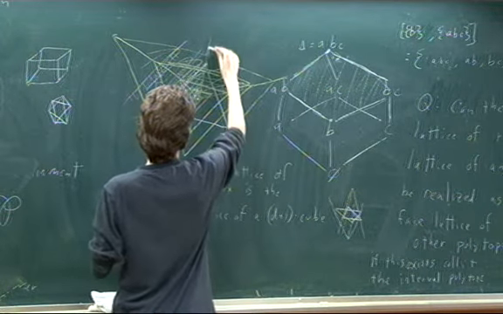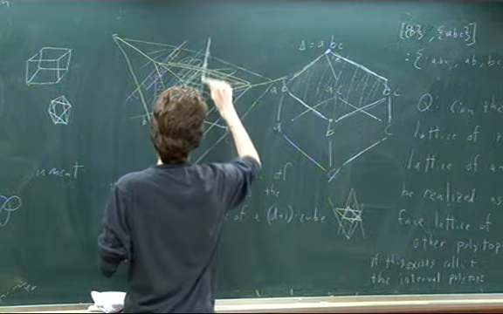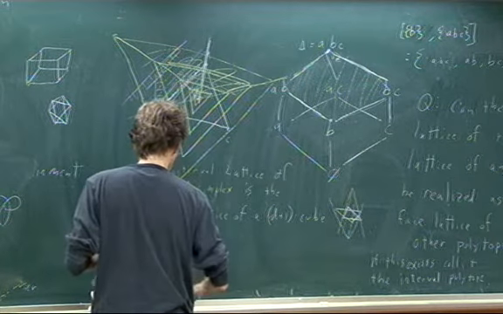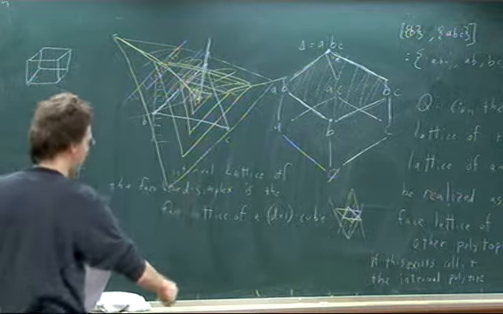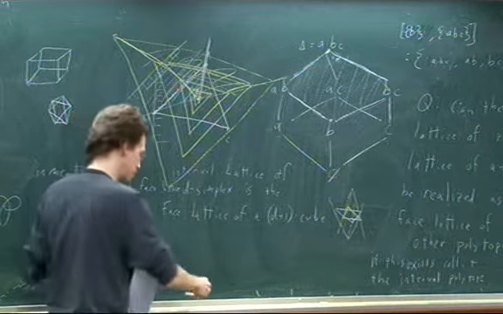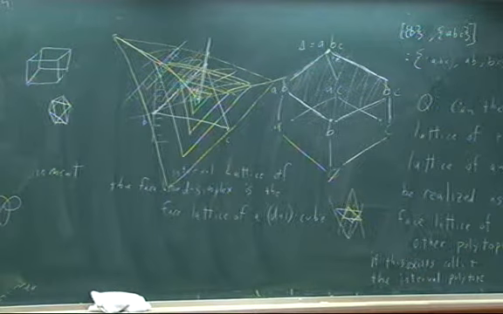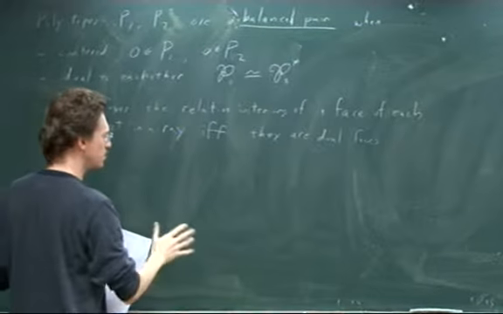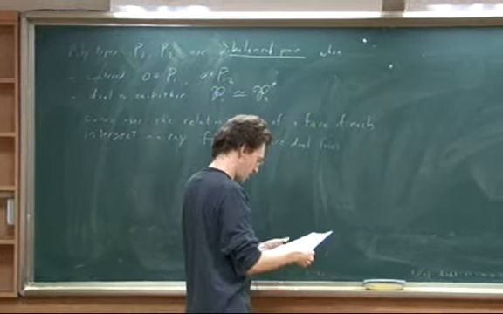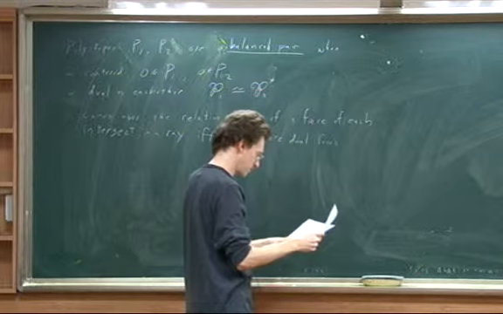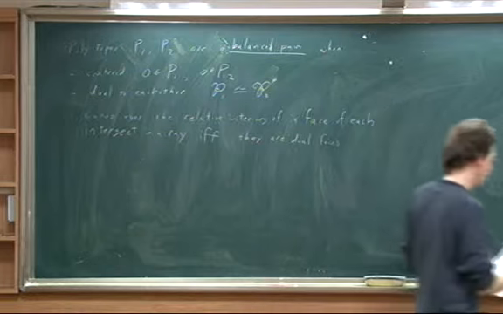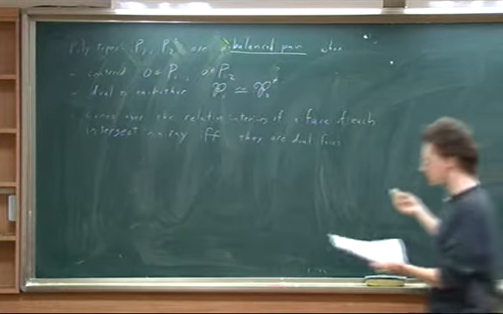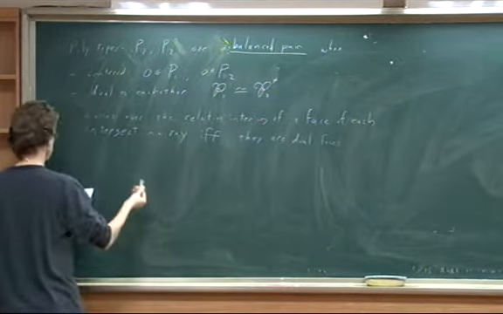Their intersection, which is between here and here, this area will not be a ray. So this is what the conditions are saying. Just that you have dual faces should intersect in a ray, and that's it, nothing else. And they should always intersect in a ray.